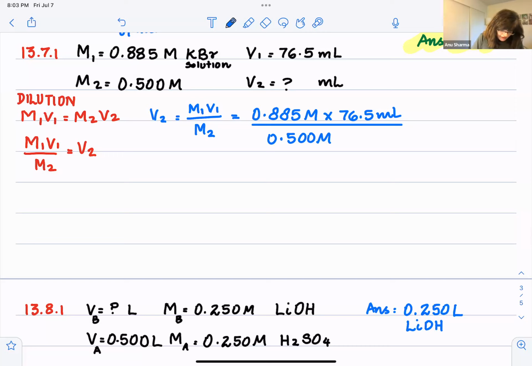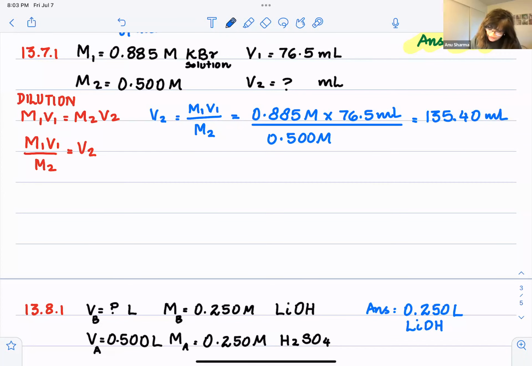So 0.885 times 76.5, divide that by 0.500, and you get 135.40 milliliters.